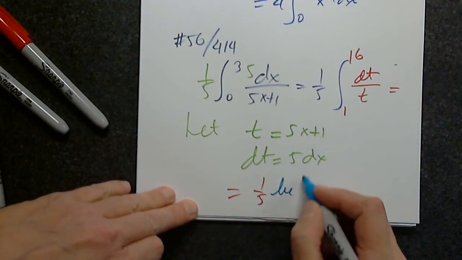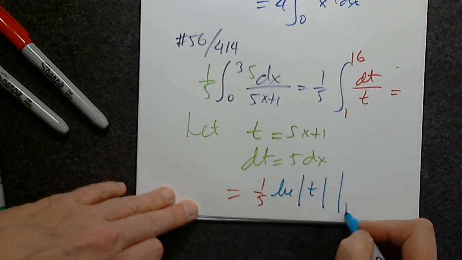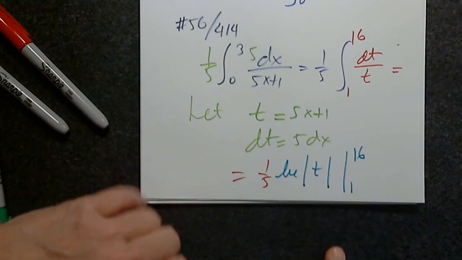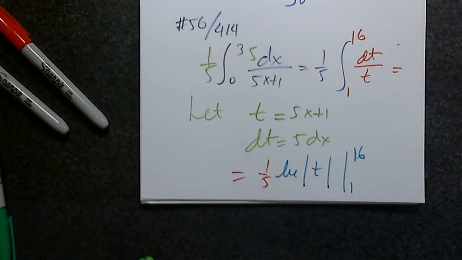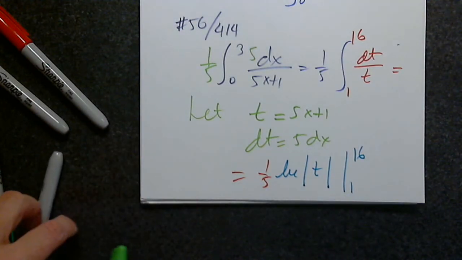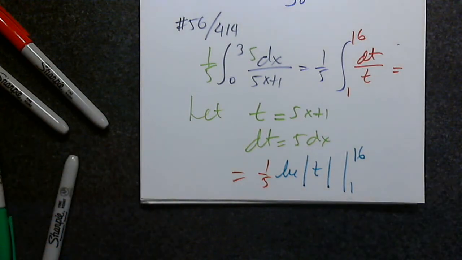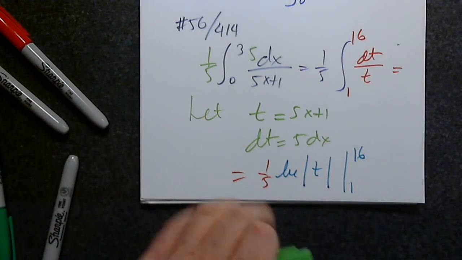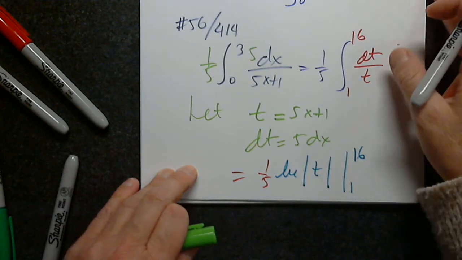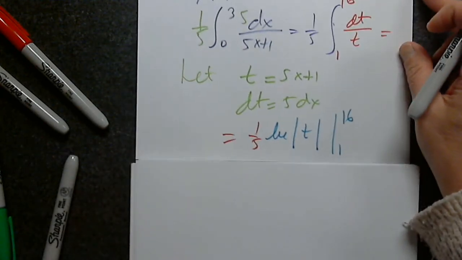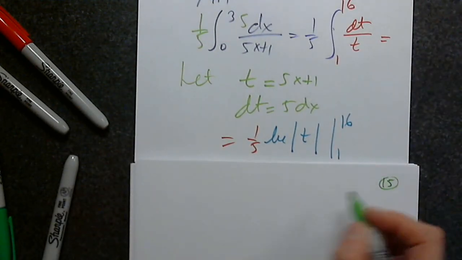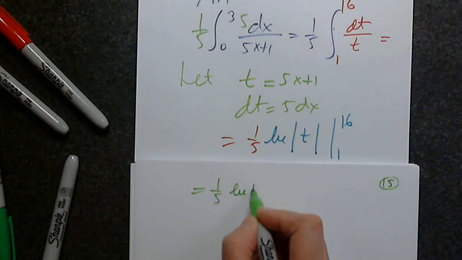Very good. Natural log of the absolute value of t from 1 to 16. So now finally I realize that the absolute value for this problem is redundant. So this is 1/5 natural log 16.